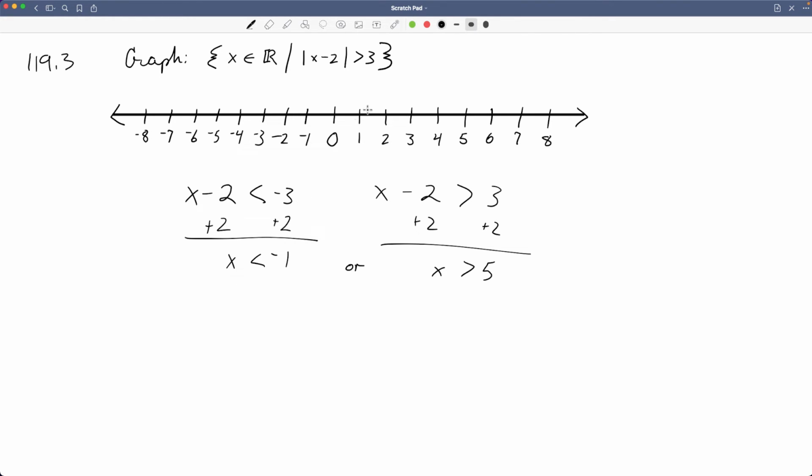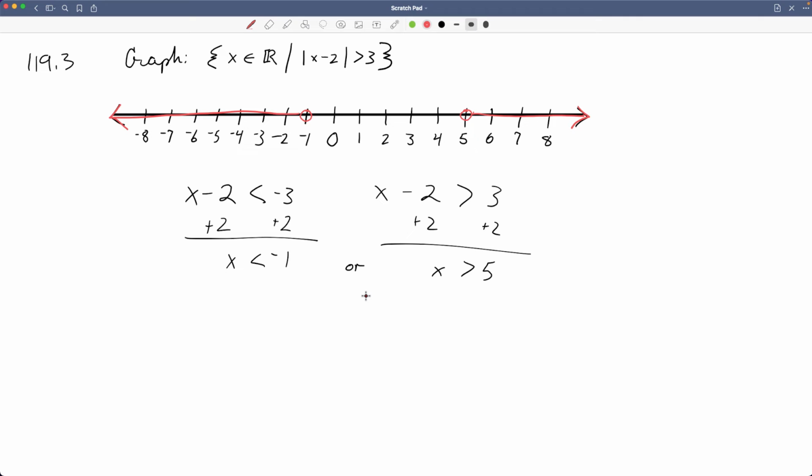So we would circle, because we don't have an equal sign, the negative 1 here. And x is going to be less than negative 1, so it's going to go to this side. And then we would circle positive 5 here. Sorry, I said negative 5, positive 5. So we're going to go to the right here because x is going to be greater than 5.